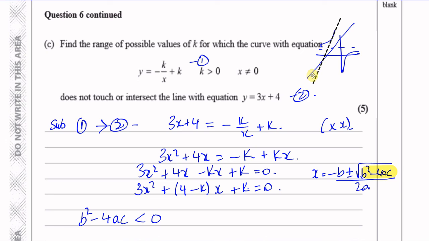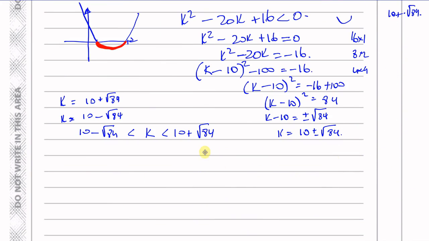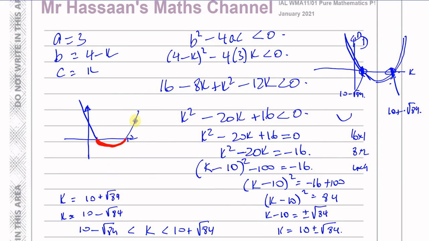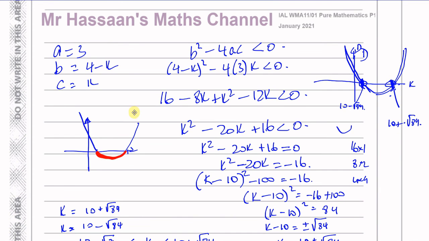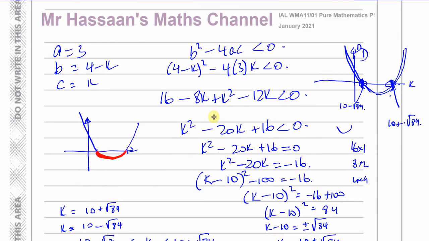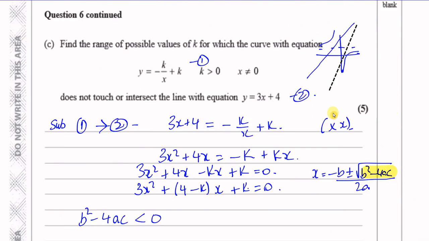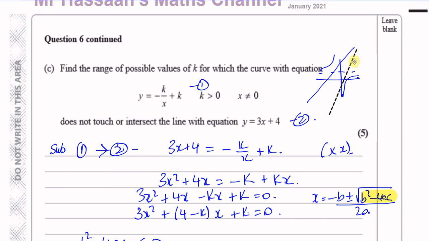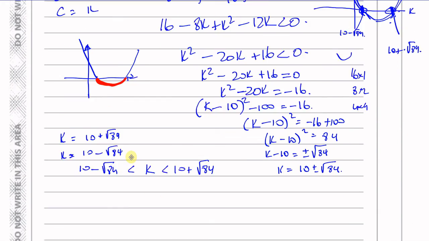If it was greater than 10 plus root 84, again there would be two solutions because the discriminant is positive. But if it's between 10 minus root 84 and 10 plus root 84, that's when there are no solutions. That's where the line will not cut or touch the curve. So those are the values of k that we found by using the discriminant.